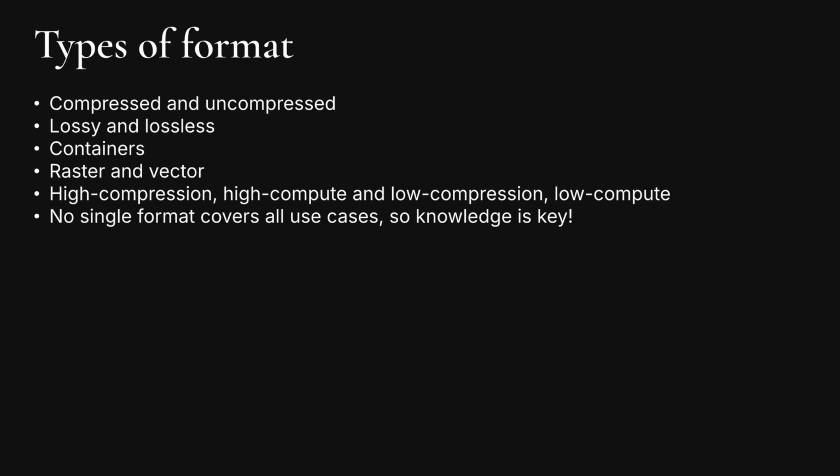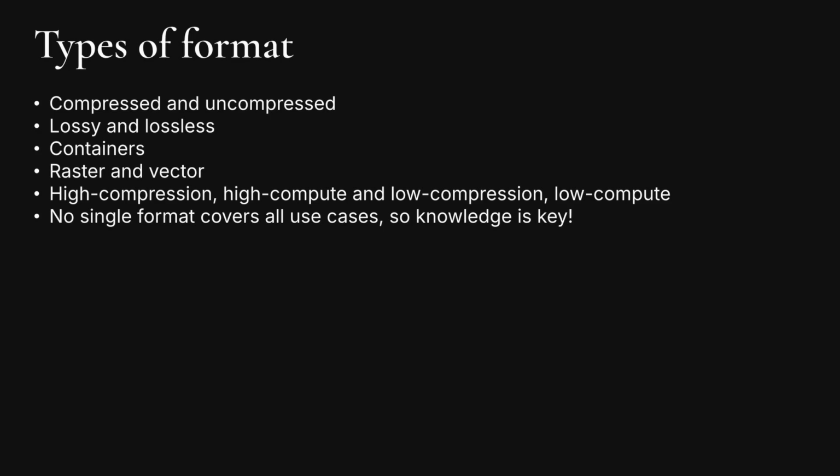And then there are low compression, low compute ones, which are still useful in today's world. Think about the set-top box on a TV, or the built-in processor in a smart TV. It may be very low compute, so you have to pass it a lower compression, lower compute codec. So you have to trade off between those. What we're getting at is that no single format covers all of these use cases.